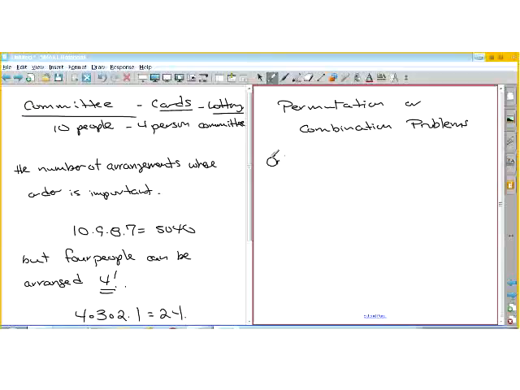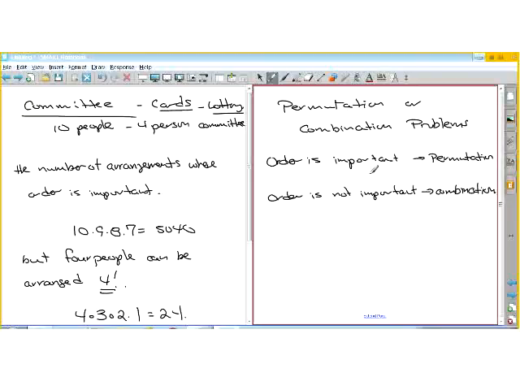So, remember when order is important, that's when you use permutations. When order is not important, then you use combinations. So look for those key words.